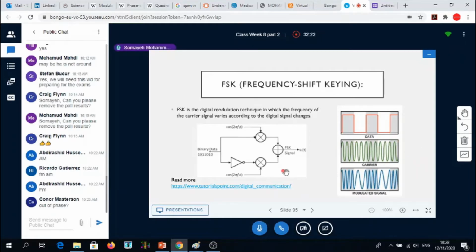So from the block diagram point of view, we would say that the binary data is coming to two oscillators, and the oscillators are using the same sinusoid signal, the carrier signal, with a slightly different frequency.